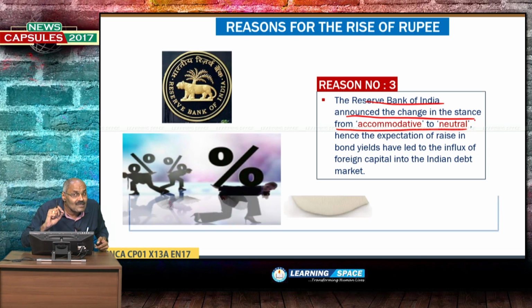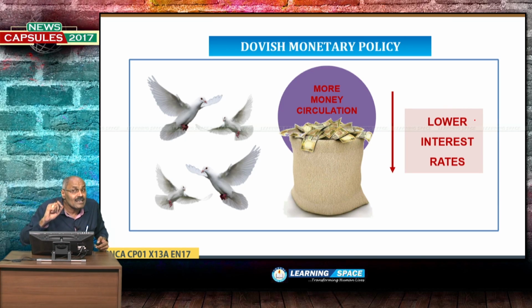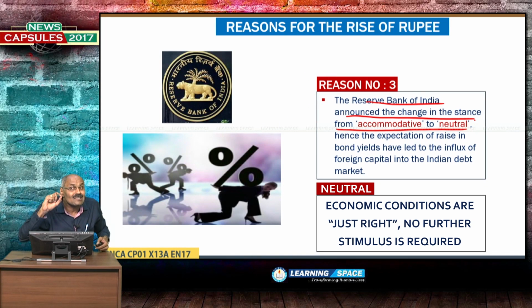Accommodative monetary policy is dovish monetary policy, where money circulation will be increased and it will facilitate, or you can say propel, growth. So, accommodative monetary policy is propelling growth and interest rates will be reduced, but the main problem is inflation may increase. The Reserve Bank of India changed its stance from accommodative to neutral.